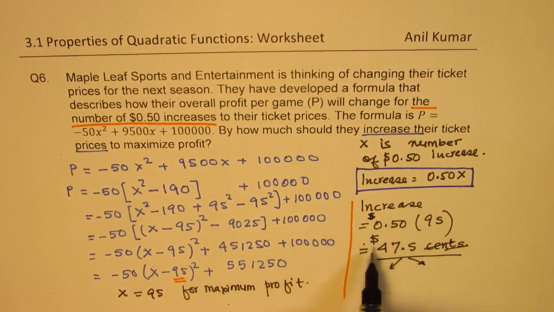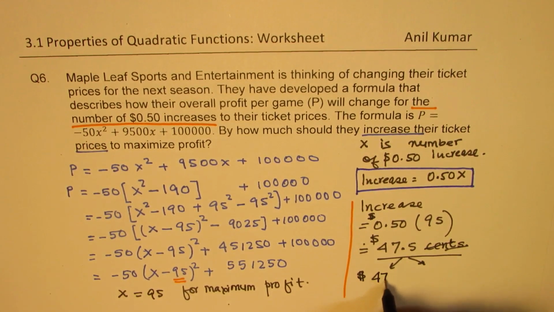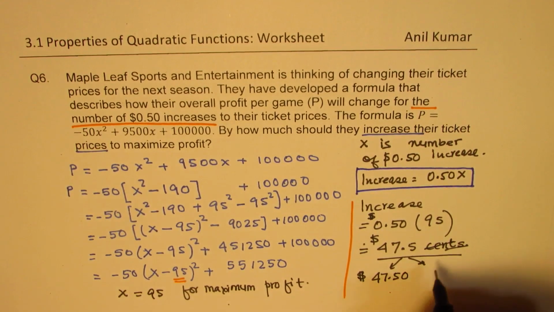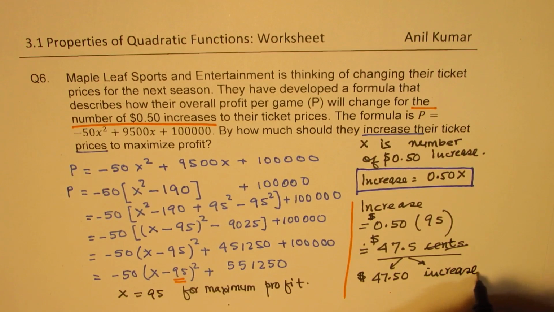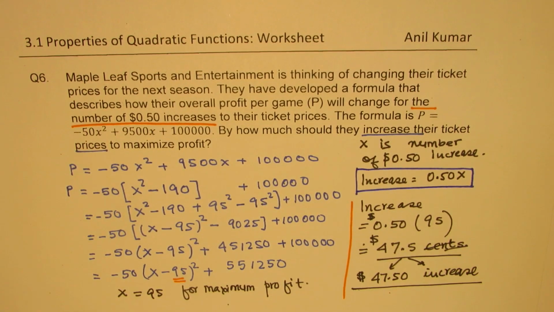So we could round this to $47.50 increase. So that is what is recommended. You could round this to $48 or $47, but that gives you the maximum profit from the given condition. I hope that makes sense.